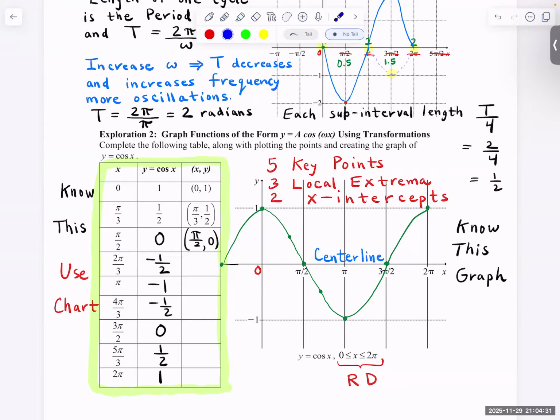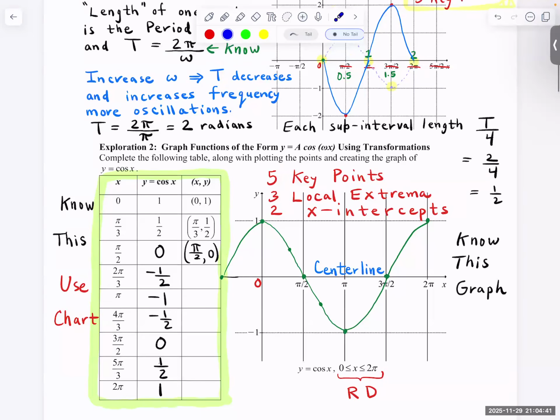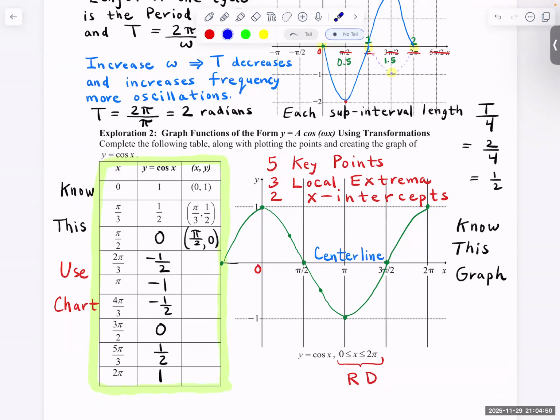So we would plot points according to the ordered pairs in the third column. 0 radians, function value is 1. So the cosine function at 0 radians begins at its peak value of 1. Pi over 3, the function value is 1/2.